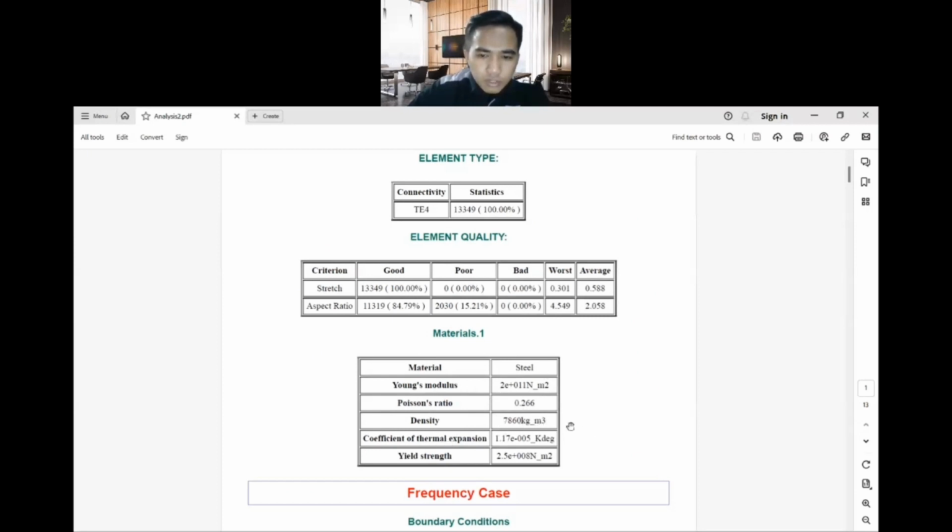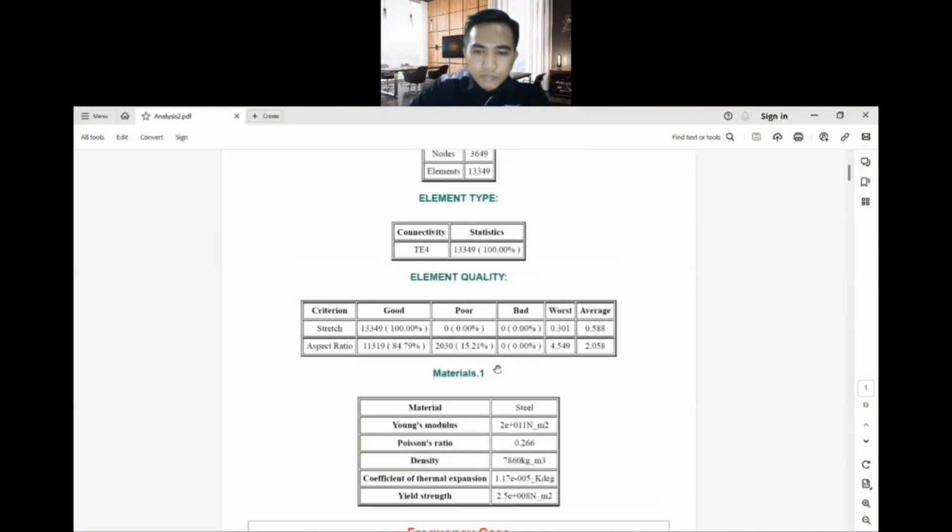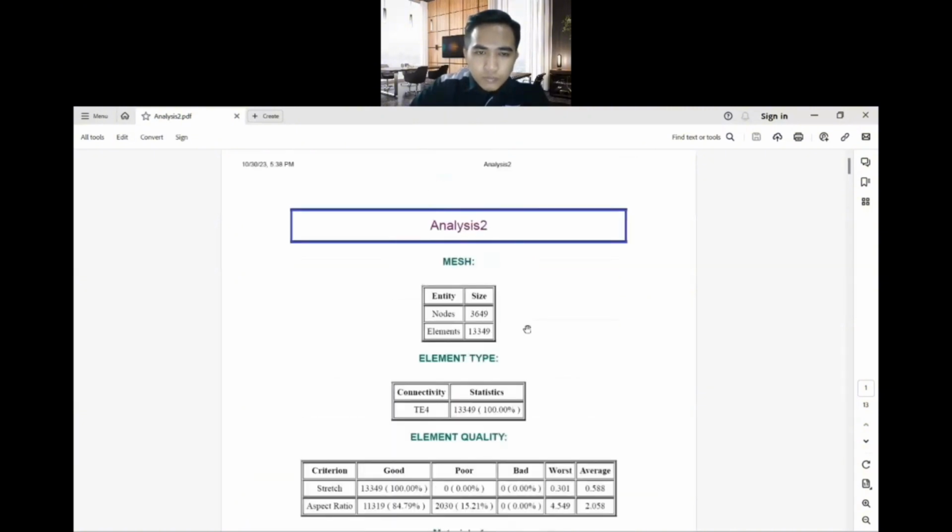The density of steel is 7,860 kilograms per meter cubed. The coefficient of thermal expansion is 1.17 power of -5 per kelvin, and the yield strength of steel is 2.5 power of 8 Newton per meter squared. That's all for the two analyses of different materials, aluminium and steel.